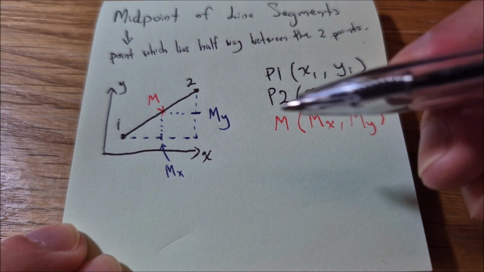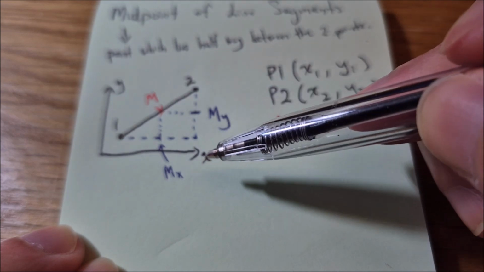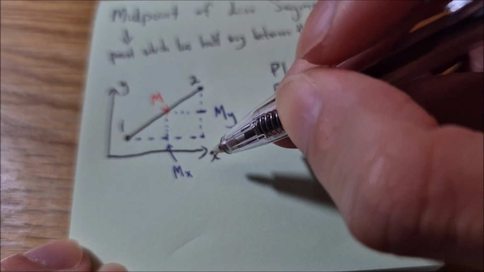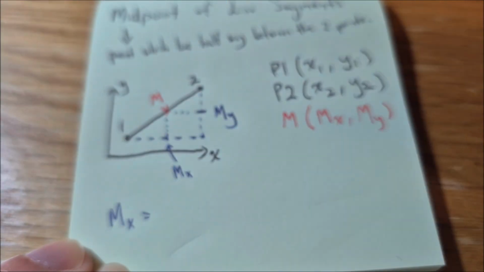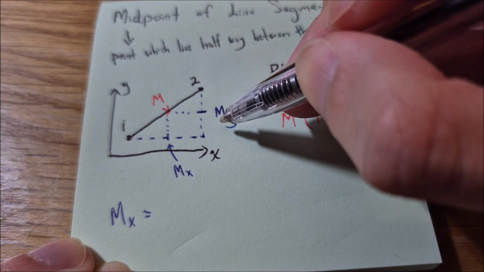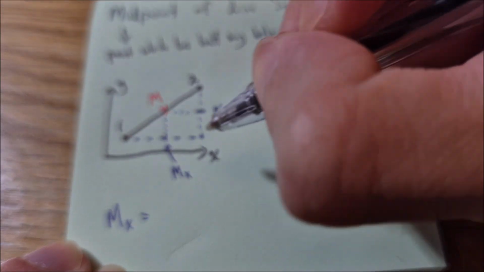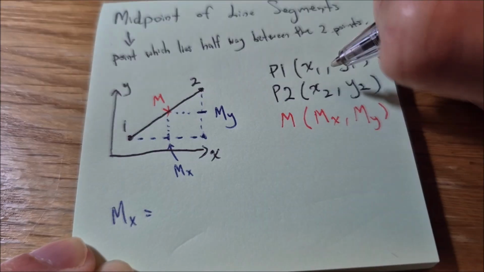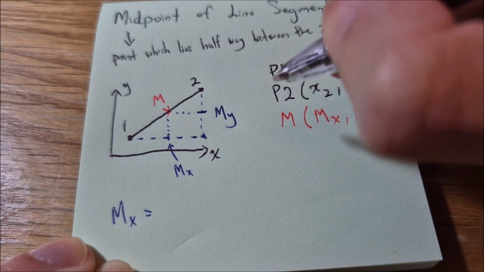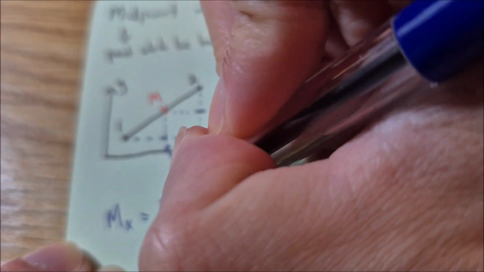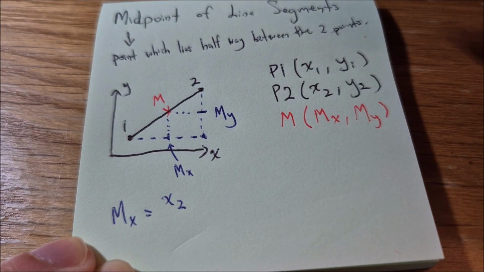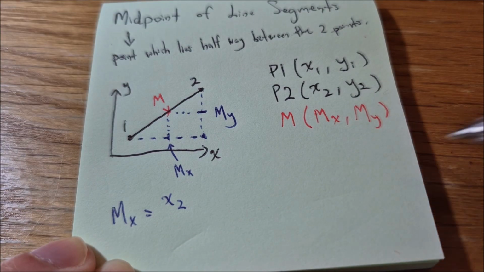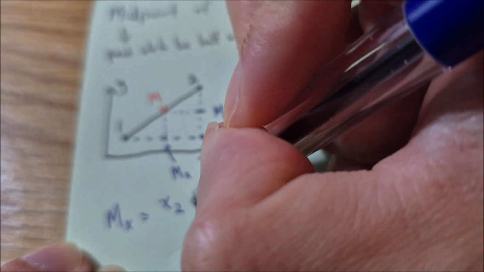And since we know that the midpoint is exactly halfway between the points, our Mx will just be the average of the two x coordinates. This point here is our x2, and this point here will be our x1.